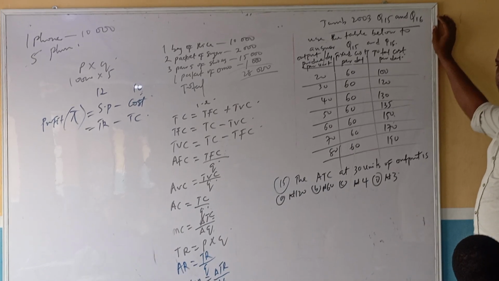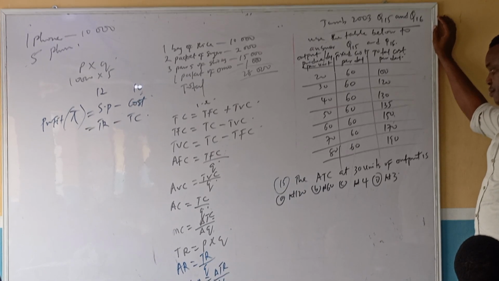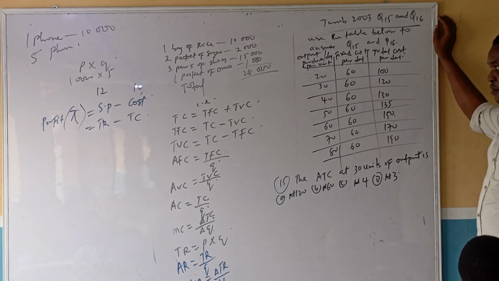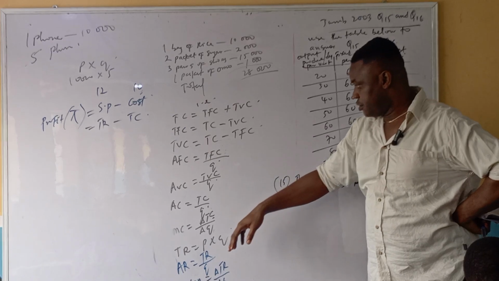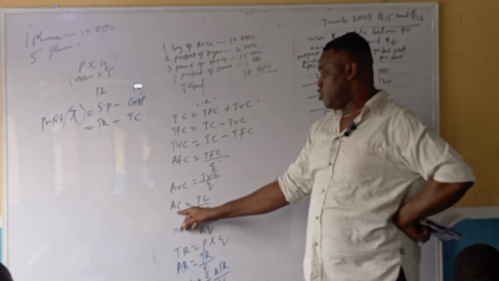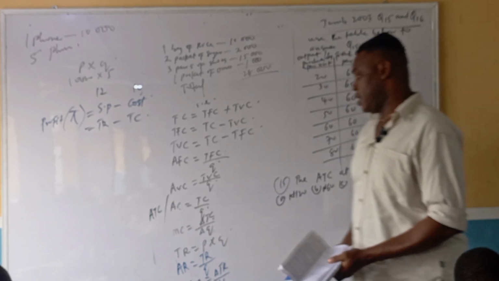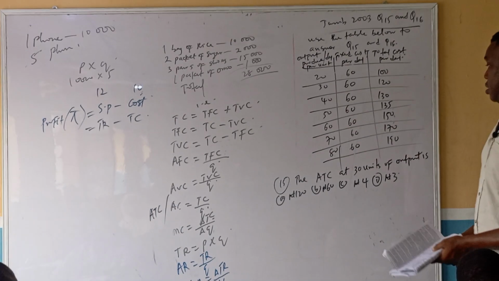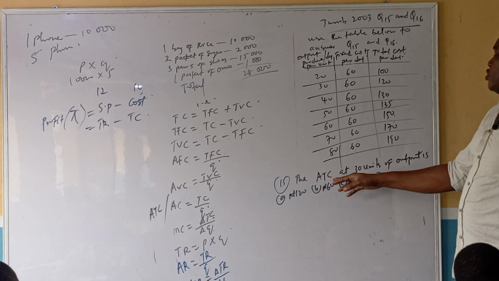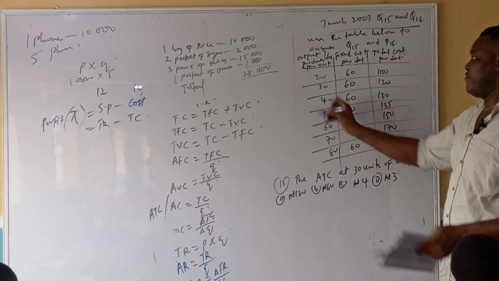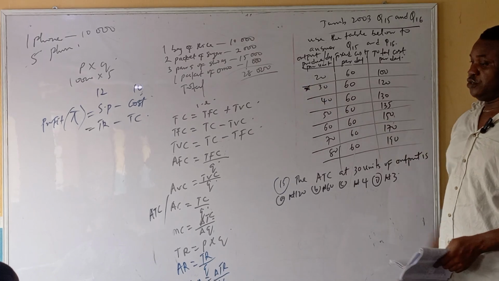What is the formula for average total cost? Look at the formula I gave to you. Average total cost is also known as average cost. I'm looking for average total cost at 30 units.